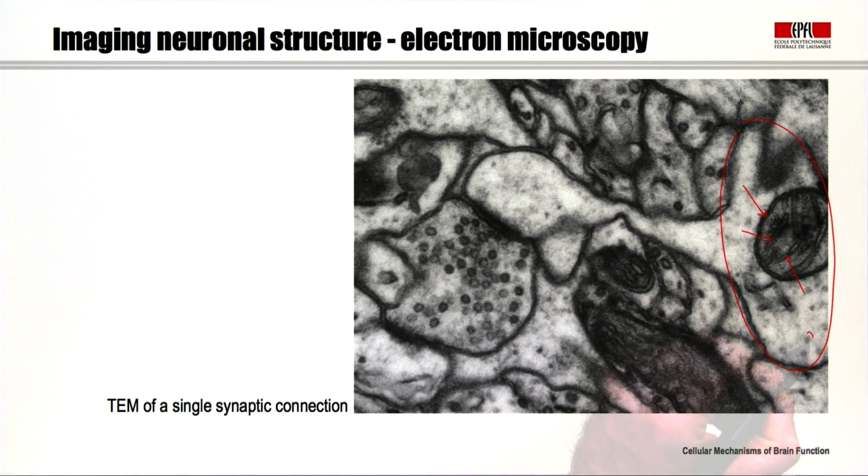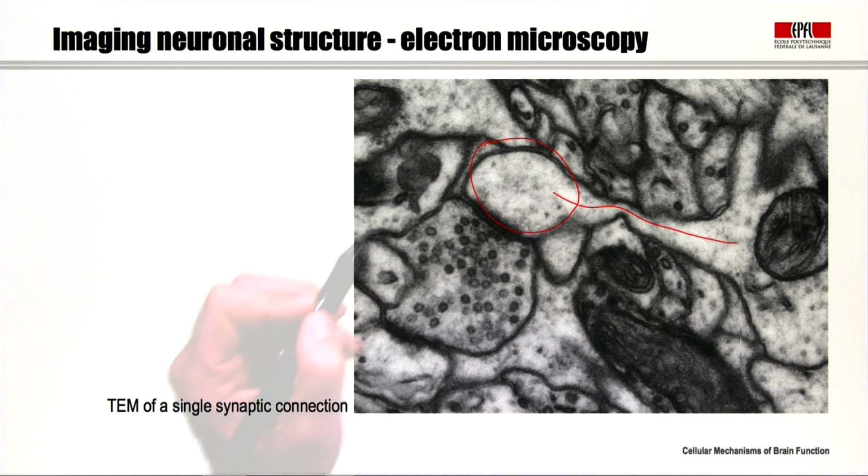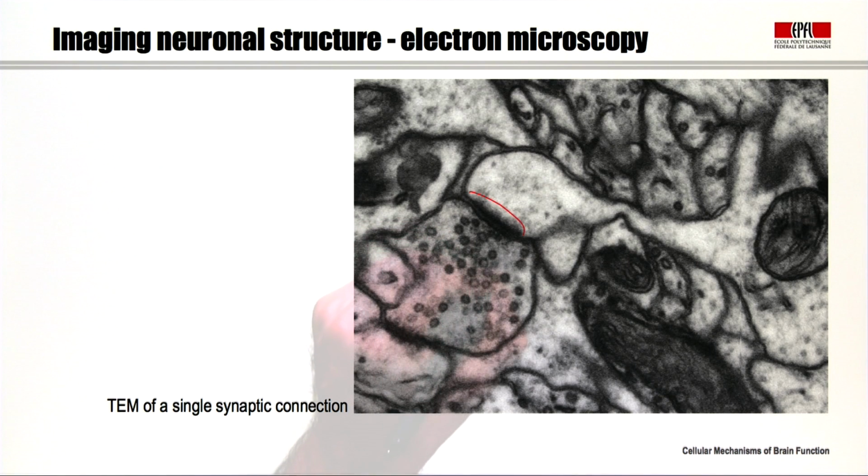We also have the microtubules in evidence, but protruding from the dendritic shaft we have this long, thin spine neck. And on the end of the spine neck we can see the head of the dendritic spine, and here we find a synaptic connection.